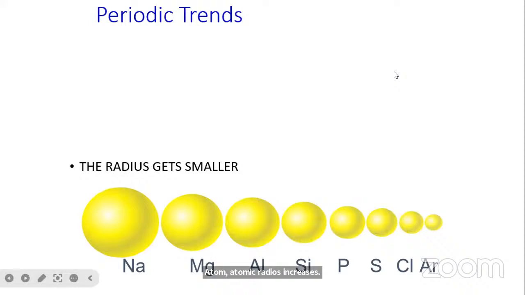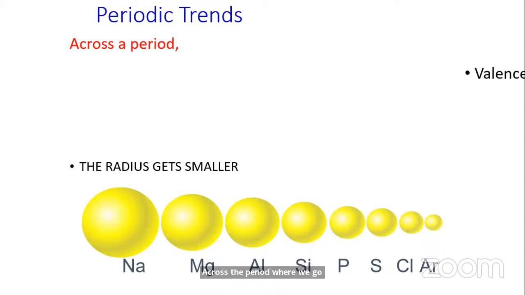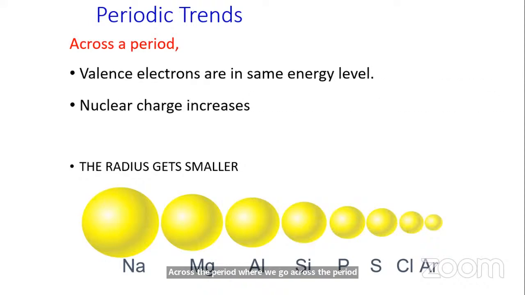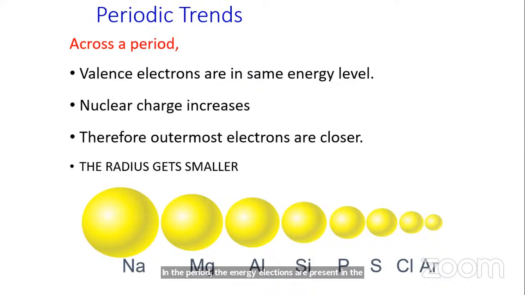Then across the period, when we go across the period, the valence electrons are present in the same energy level. The elements below represent the elements of the third period: sodium, magnesium, aluminum, silicon, phosphorus, sulfur, chlorine, and argon.